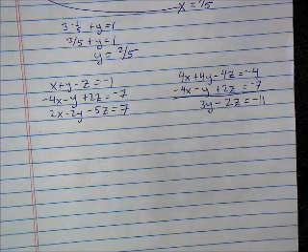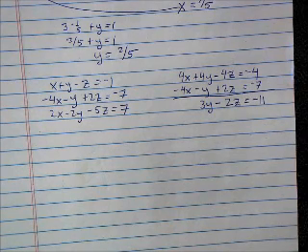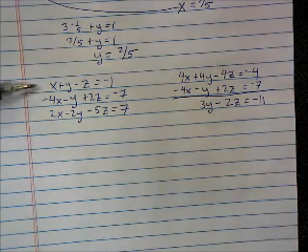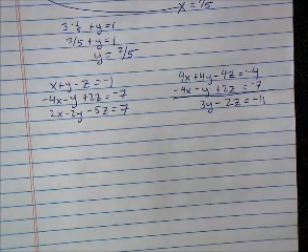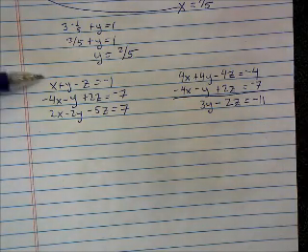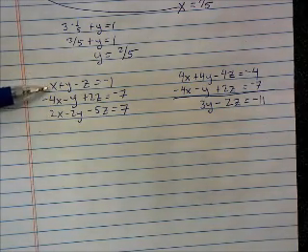Now we pick a different pair of equations. So I can use the first one and the last one, or I can use the second one and the last one, and I cancel out the x's again. So which pair do you want to pick? Do you want to use first and last, or do you want to use middle and last? First and last, okay. So if I'm going to use the first one and the last one, what do I need to do in order to cancel out the x's?